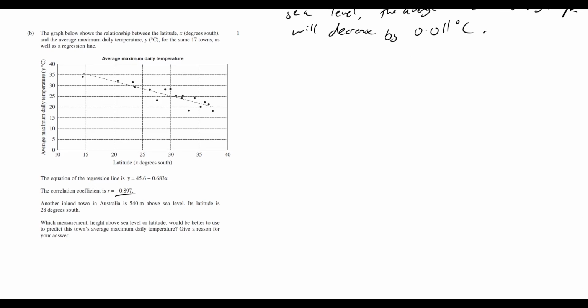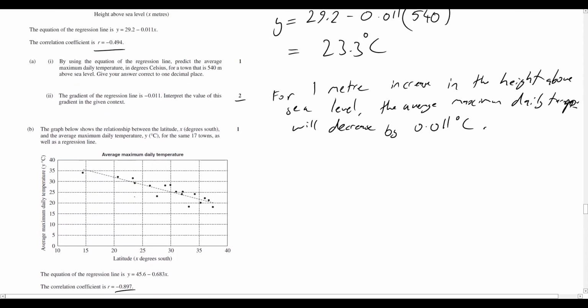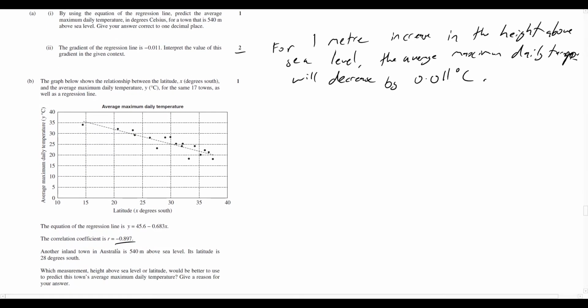So that's going to be a more accurate example. What I mean by that is that the absolute value of the correlation coefficient for the second graph is greater than the absolute value of the correlation coefficient in the first graph.